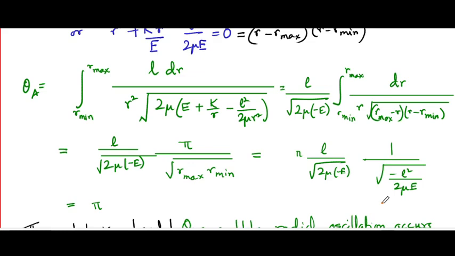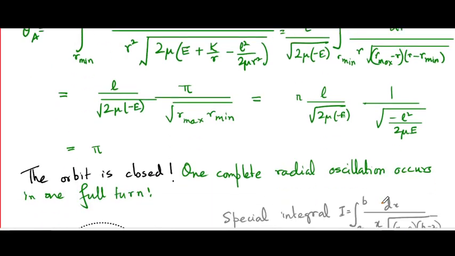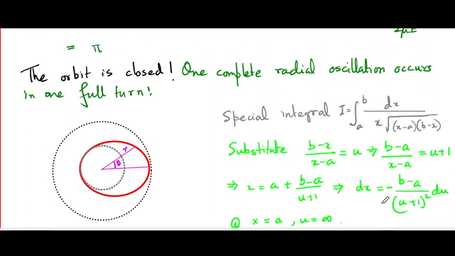In fact, by the time you go from Rmin to Rmax and back again to Rmin, so you complete a cycle in the radial direction, theta changes by twice pi, and so you are exactly back where you started. So the orbit is closed, and as we have just seen, one complete radial oscillation, that is from Rmin to Rmax and back again, occurs over one full turn.